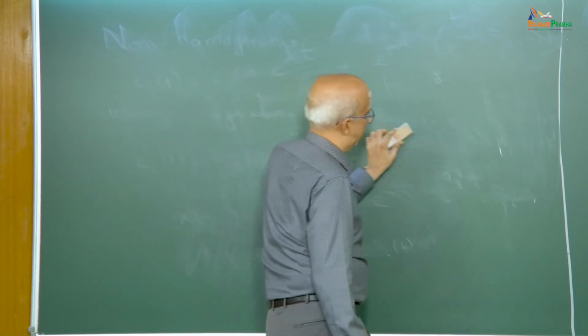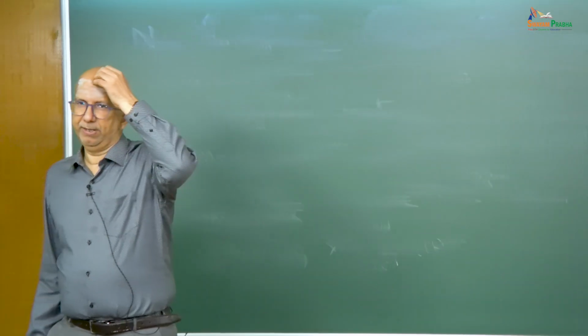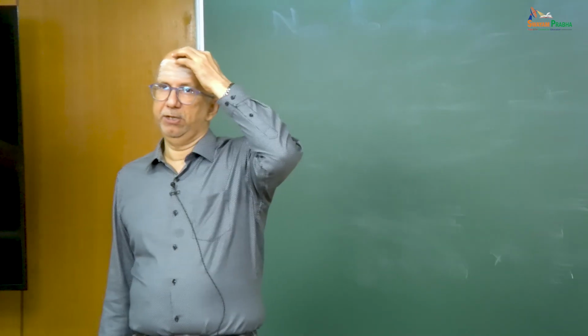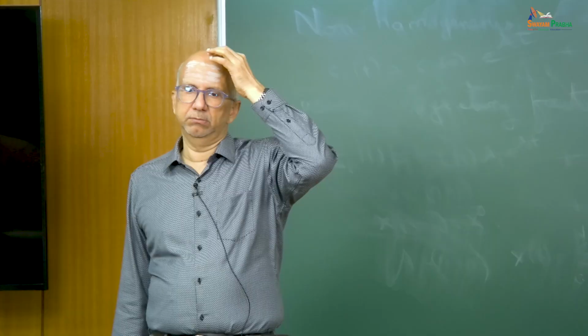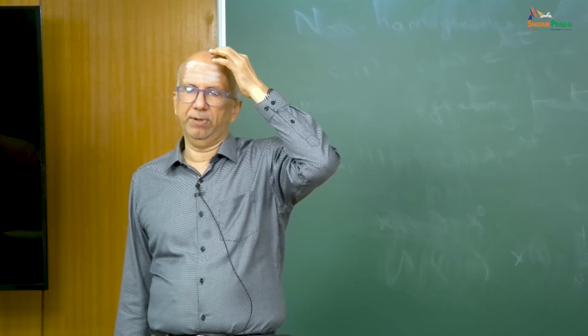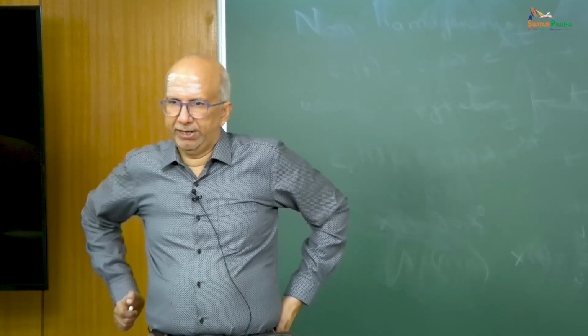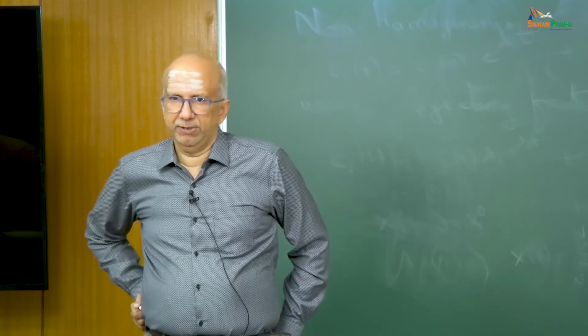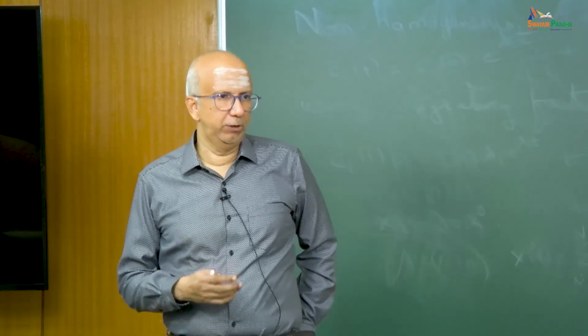What I thought I will do is spend a little bit of time trying to explain to you the geometric basis of whatever we are doing. This approach of trying to find solutions in terms of eigenbases, eigenvectors as a basis, what exactly are we doing?